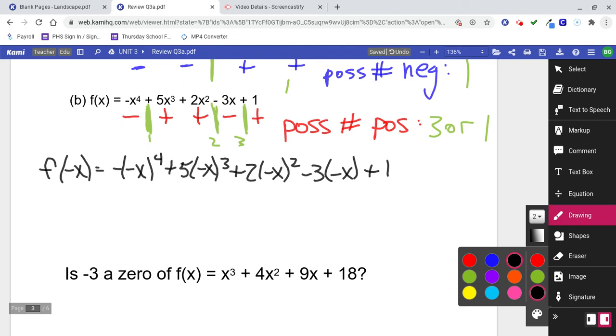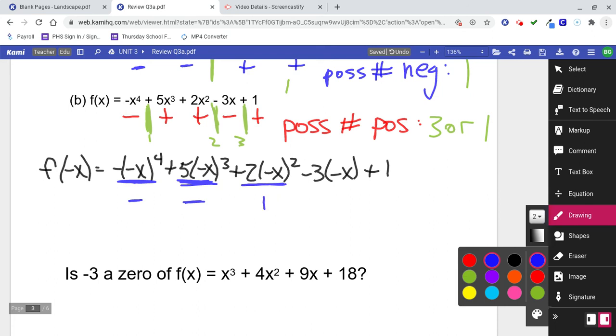Okay? So once you do that, you have to examine each term and figure out if it's negative or positive. I look at this first term, and I see a negative times negative to the fourth. I see that as being 5 negatives, so I know that first term would be negative. I see this next term, and it's a negative cubed, so I see 3 negatives, which is negative. I see that next term, and it's a negative squared.